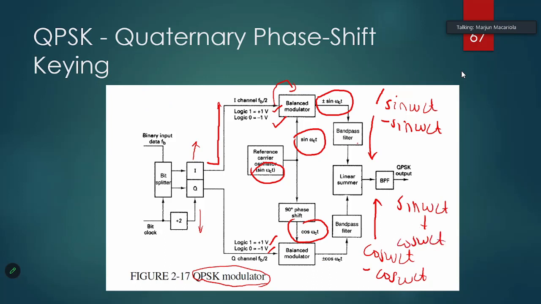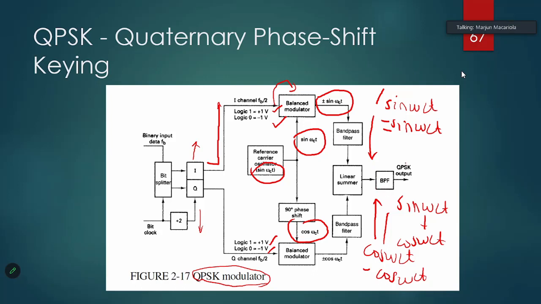Halimbawa, ang output mo dito ay negative sin at positive cosine dito. So, that will be negative sin omega ct and positive cosine omega ct. Pag naman negative at negative, so that will be negative sin omega ct minus cosine omega ct. Ayun. So, that is how QPSK modulator works.